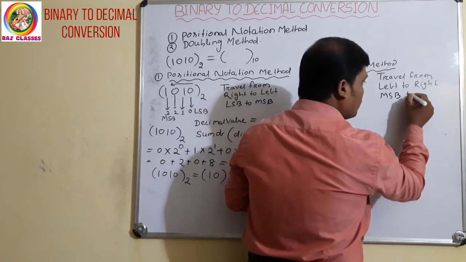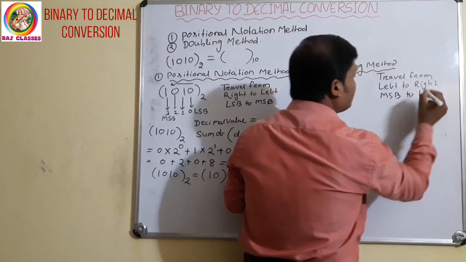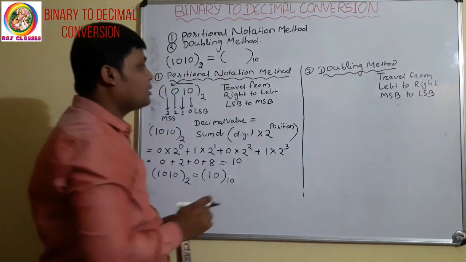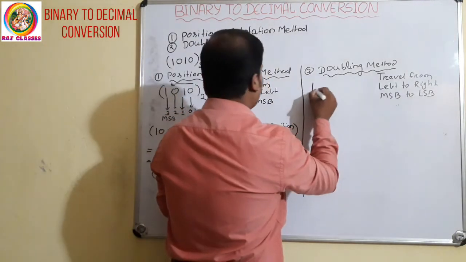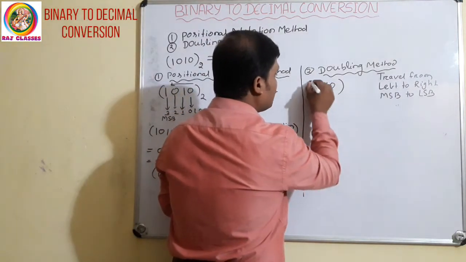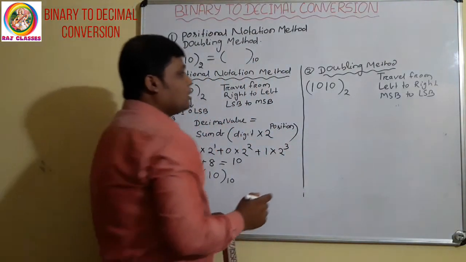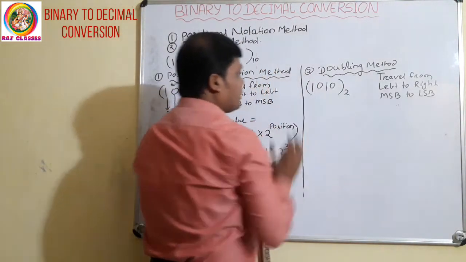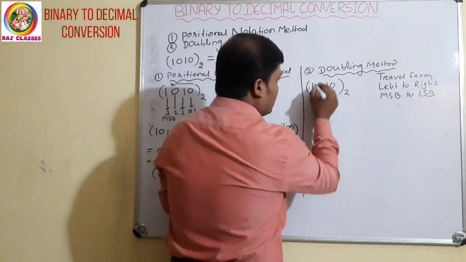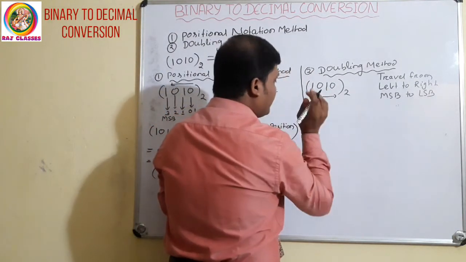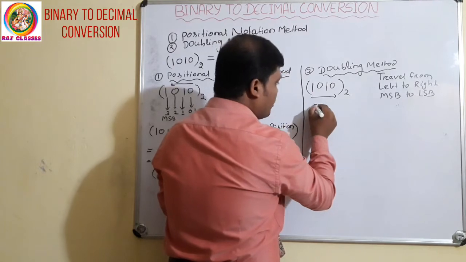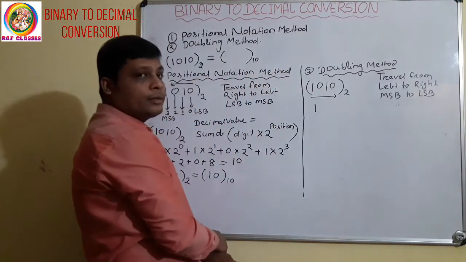That means from MSB to LSB. Your question was 1 0 1 0, same question. I am taking base 2. For this method, we have to travel from left to right, MSB to LSB. Take the first digit from the left side.